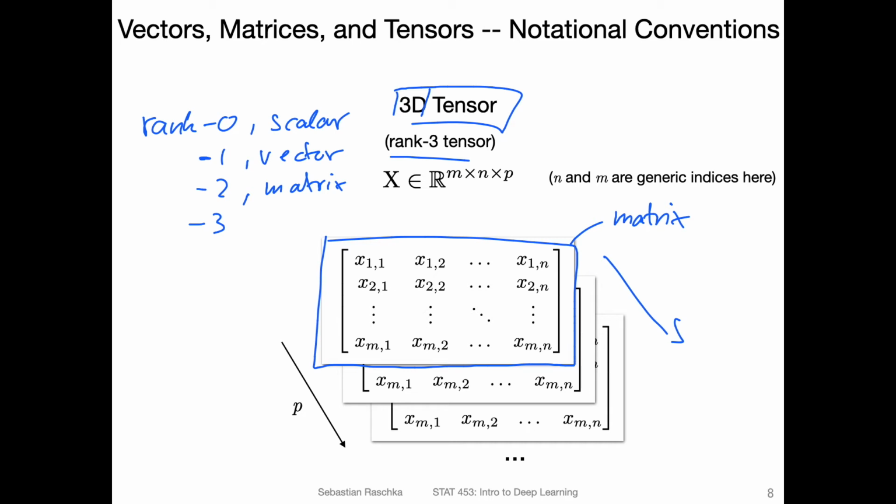For example, here this would be a stack of P matrices, and each of the matrices here is m times n dimensional. So we have P such m times n dimensional matrices here. Note that m and n here are really arbitrary. They don't refer to the features and training examples here. These are just some arbitrary letters.